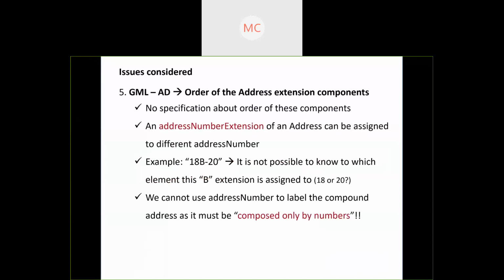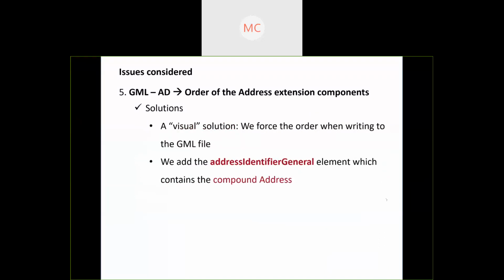Issue number 5. There's no specification about the order of the address extension components for GML. Thus, it's not possible to know to which component an extension is assigned. So we cannot use the address number to label the compound address, as it is defined as a number type.